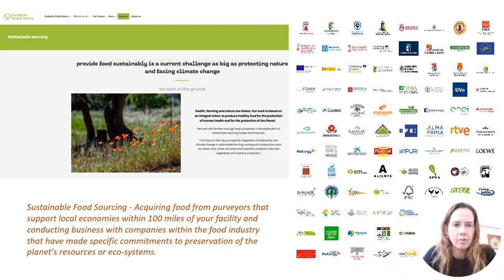So providing food sustainability is a current challenge as big as protecting nature and facing climate change. So we are thinking a lot about sustainability and being able to keep the production existing while considering the constraints that each part of the chain is facing.